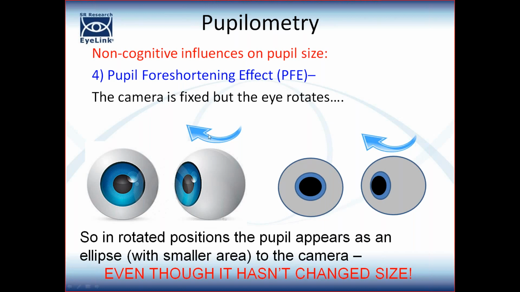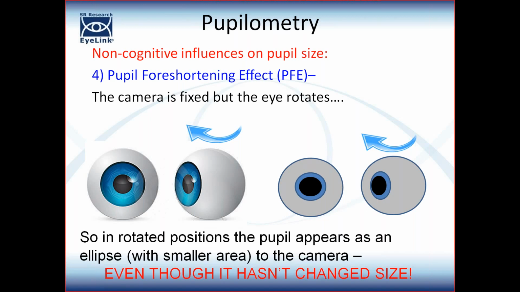As the eye rotates away from the view of the camera, what was a nice, clear, circular pupil becomes slightly more ellipsoid. It now has a taller x-axis than y-axis, if you like, and that will result in a change in what we are measuring, which is pupil area or diameter. It's just illustrated here with schematics rather than the eyes, but you can see the same thing. As the eye rotates away from the camera, it will cause a change in your pupil area measure.